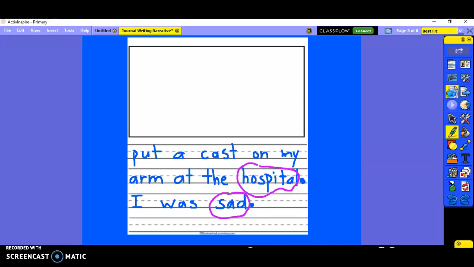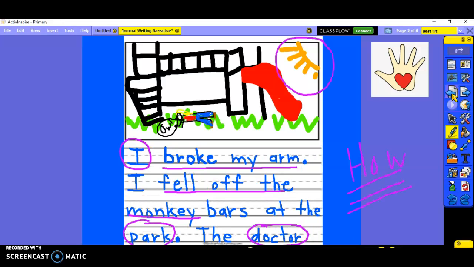Before you start writing, I also want to talk to you about your illustration. Now, when I started writing, I made sure I had lots of detailed illustrations that matched my story, my sentences. I have the playground. I have that it's daytime. I drew the monkey bars. And there's me on the ground. And look at that speech bubble.